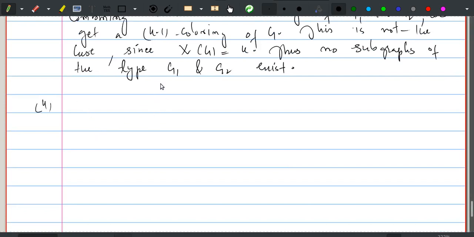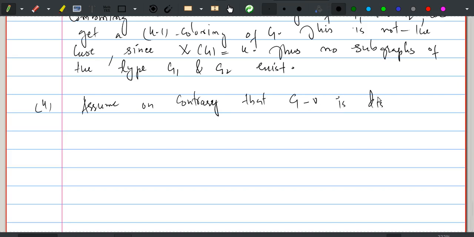We have to prove G minus V is connected for every vertex V in G. So we assume on the contrary that G minus V is disconnected for some vertex V in G.